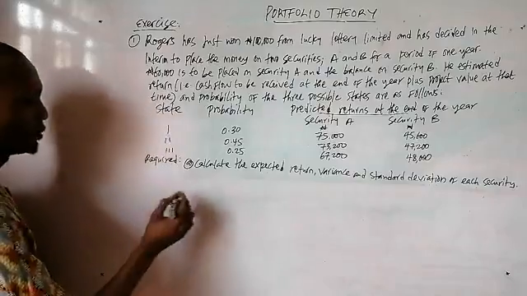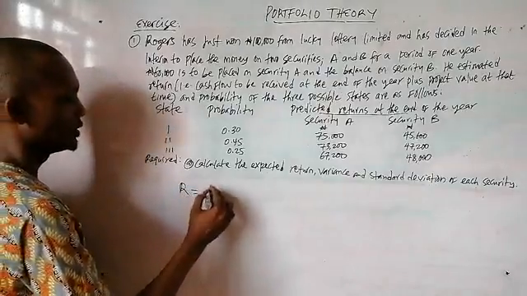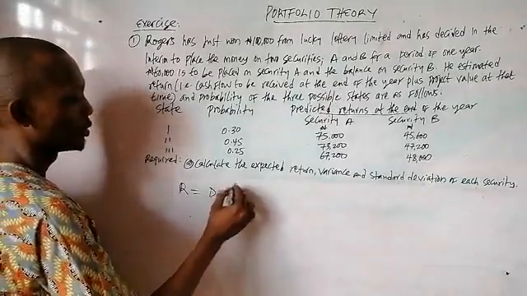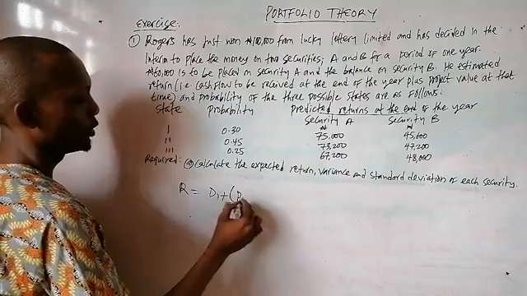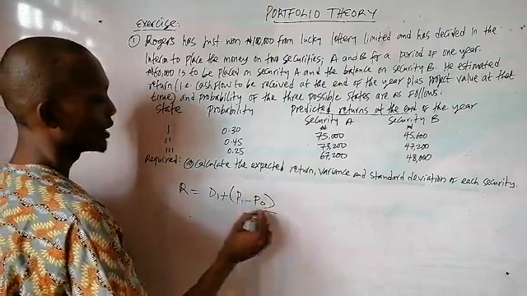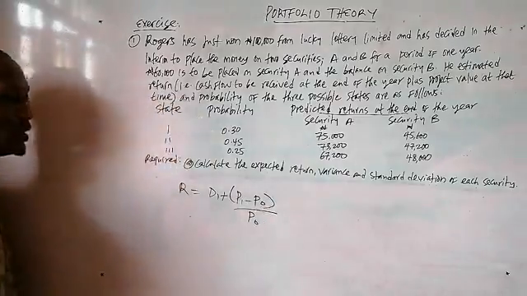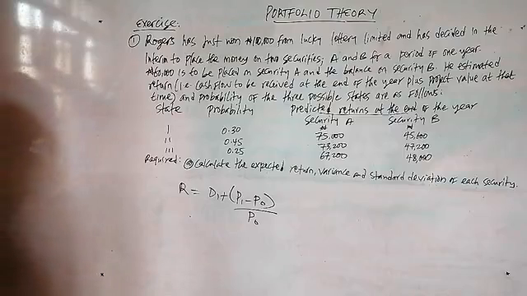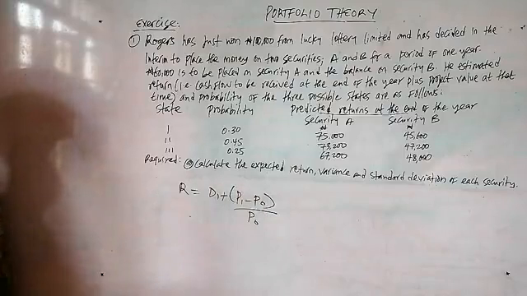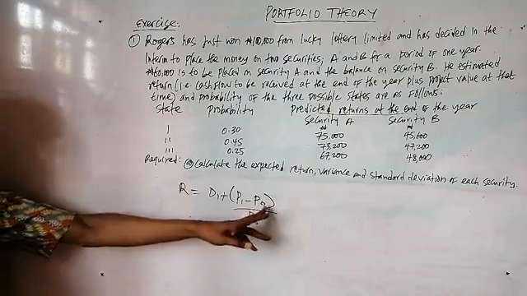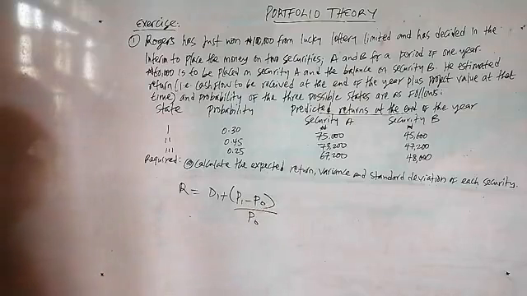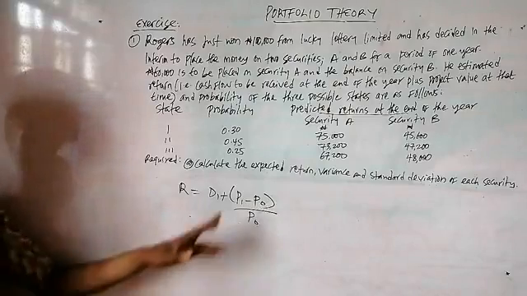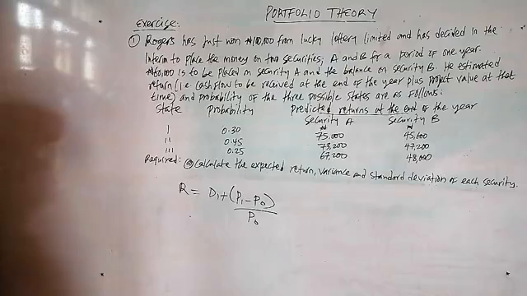Return R is equal to dividend D1 plus P1 minus P0, close the bracket, over P0. Where D1 is the dividend received during the period, P1 is the value of the shares at the end of the period, and P0 is the purchase price of the shares, all over P0. You compute this, divide by this, and add it to this. So this will be the return on the shares at the end of the period.